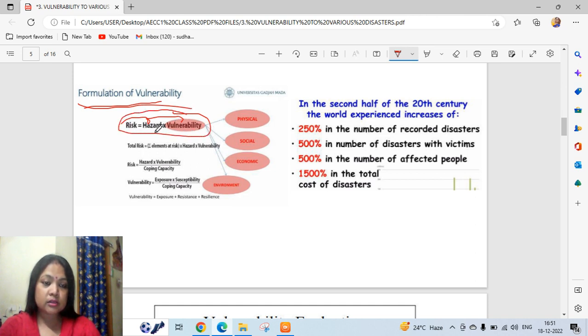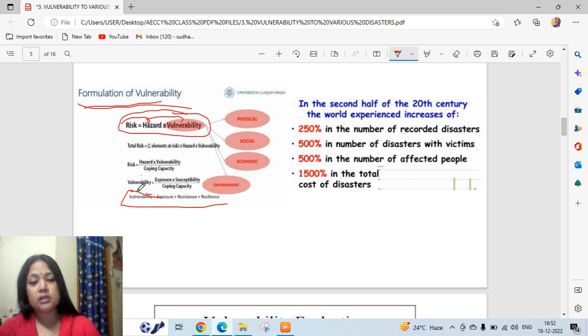If risk is equal to hazard into vulnerability, then vulnerability is equal to exposure into susceptibility by coping capacity. That means we can simply say vulnerability is equal to exposure plus resistance plus resilience. It is the simplest definition. So you can make your own note from this and be prepared for your examination.